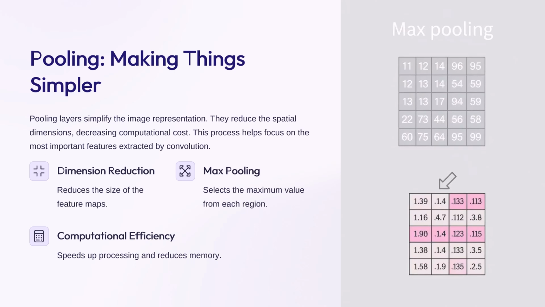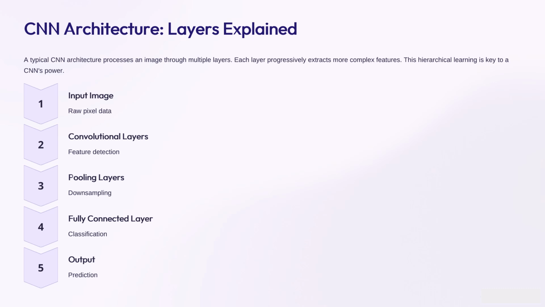Let's look at the full structure of a CNN. It has several layers. We can see in the slide. First one is the input layer, where the raw pixel data goes. This is the original image, like a 28 by 28 or a 224 by 224 pixel image, for example.